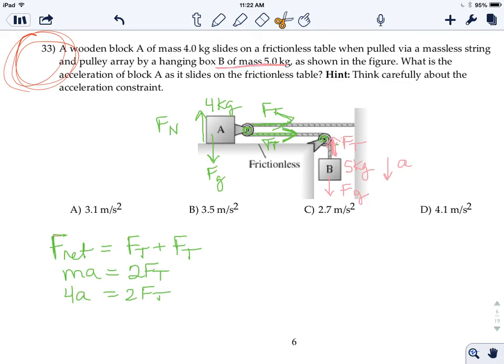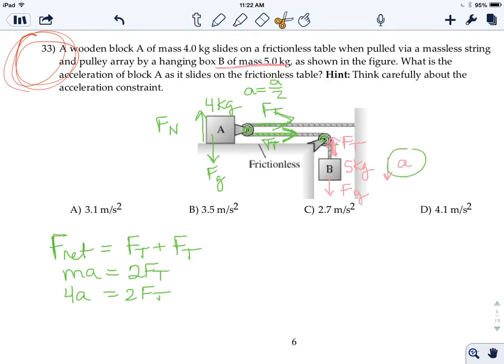But remember what we said about acceleration? Do you see how this has 2 ropes on it? If this is our acceleration of B, how is the acceleration of A? See how the question says, think carefully about the acceleration constraint. So if the acceleration of B is just a, what's the acceleration of A? The acceleration here is going to be a over 2.